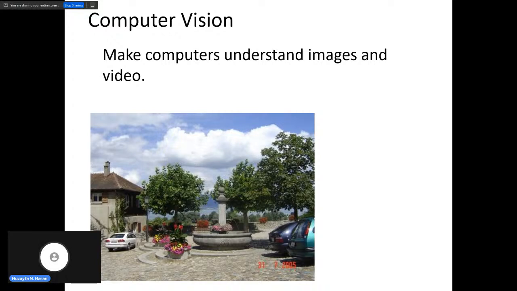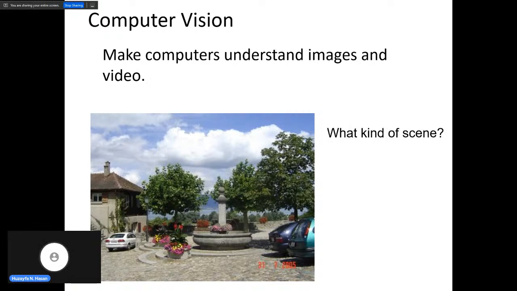Computer vision lets the computer and the machine understand images and video. Also, we know that videos are continuous images together. So computer vision is the understanding of images, giving the computer the ability to understand them.